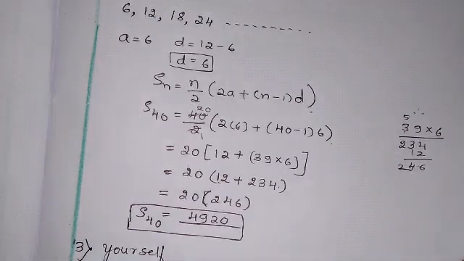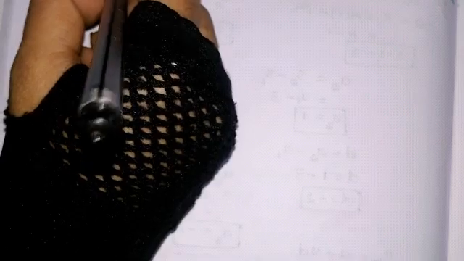Okay, let us go for the 14th problem. Question number 14: find the sum of odd numbers between 0 and 50.